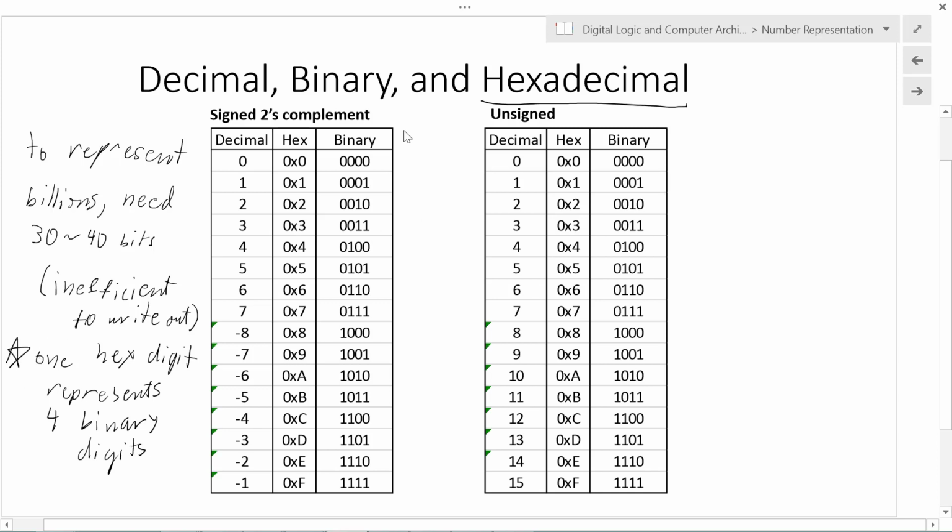So it's useful to have this decimal, binary, hexadecimal conversion table. Once you generate this table, you can convert easily between hex and binary. Listed here as well are the signed 2's complement numbers for 4-bit numbers, and we also have an unsigned table.